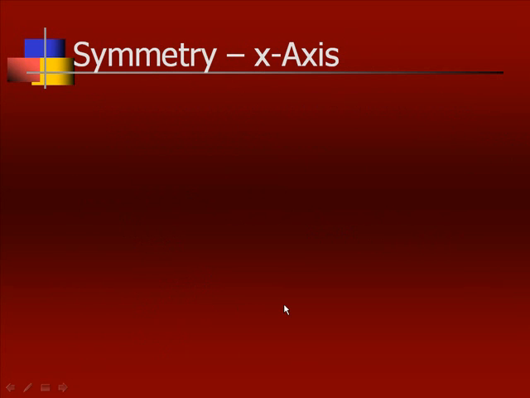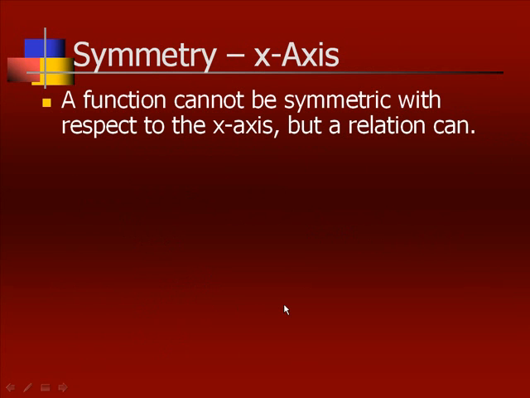Now, symmetry with respect to the x-axis. A function cannot be symmetric with respect to the x-axis, but a relation can. Go back and think about this y squared. If that looks like that, vertical line test, which means if you fold it on the x-axis, we're going to have two values that fold on that x-axis, therefore it's not going to work.